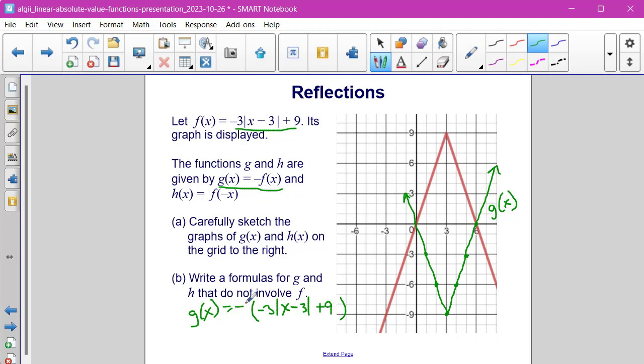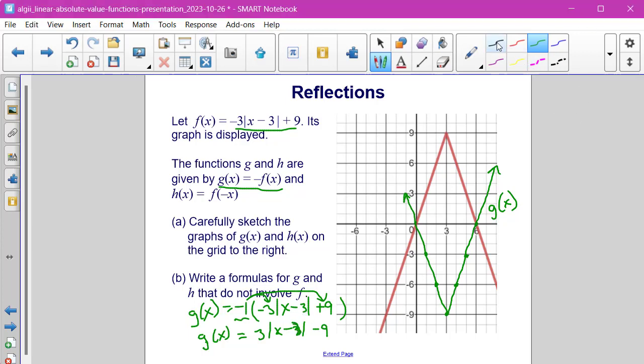And we have to take this -1 that's out in front here, and we need to distribute it to both terms that we have. So this will make g of x be equal to +3 times the absolute value of x minus 3, and then minus 9. And notice at 3, -9, that is indeed our vertex of this absolute value function.